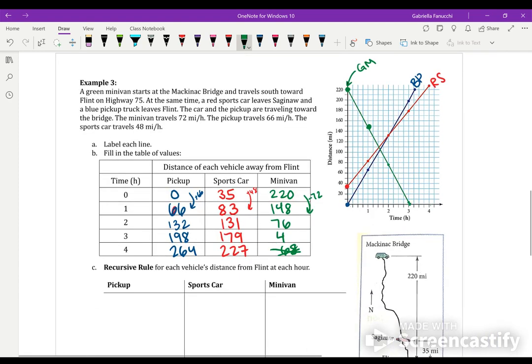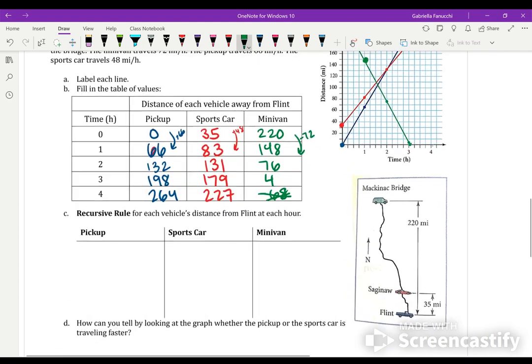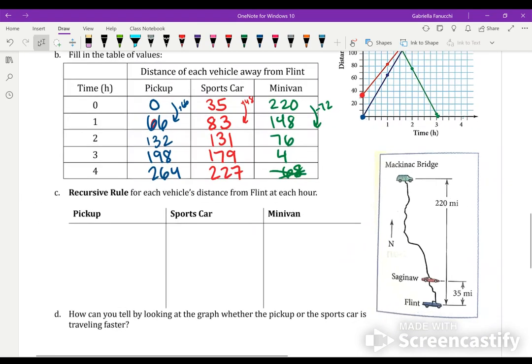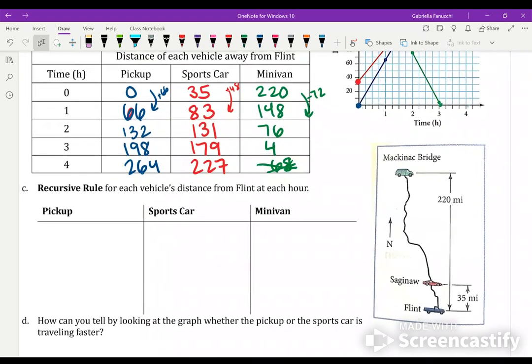Okay. So we're going to go ahead and do a recursive rule for each of them. And this picture here to the right gives a better description. Okay. So for the pickup truck, we're starting at u sub 0 is equal to 0. And then how are we getting the next term? It's going to be the previous plus 66.